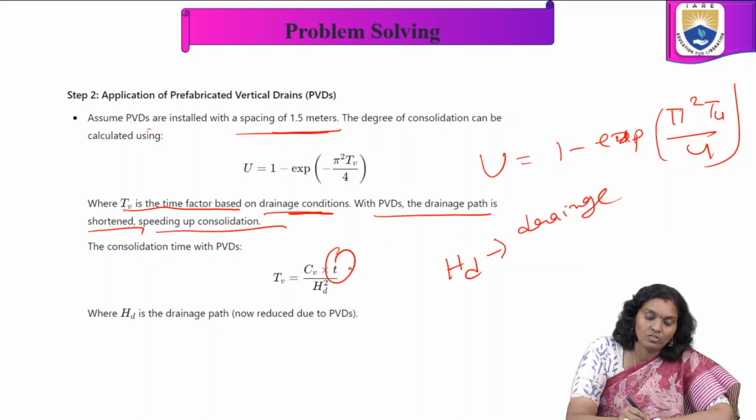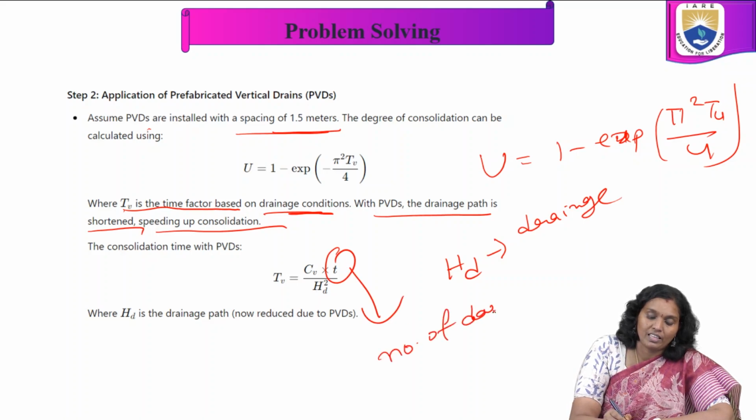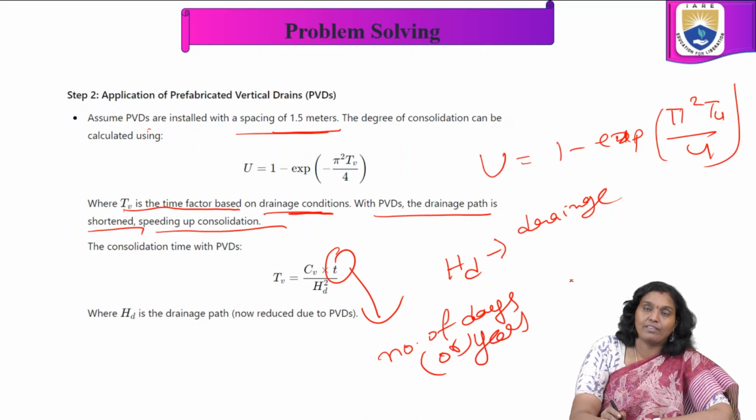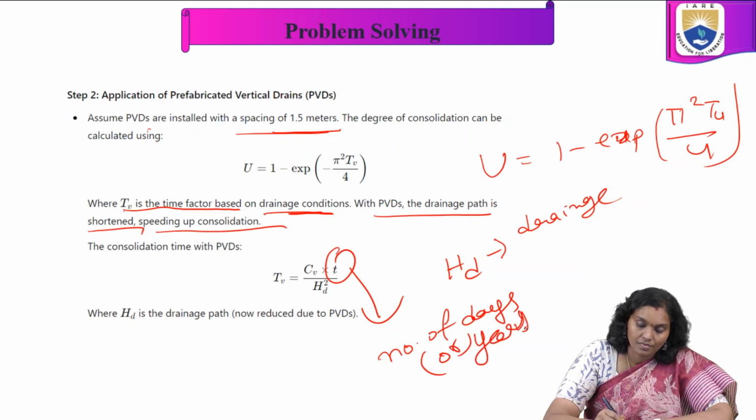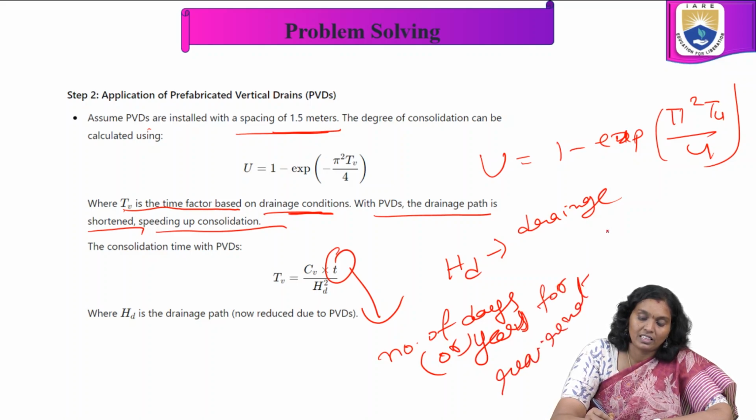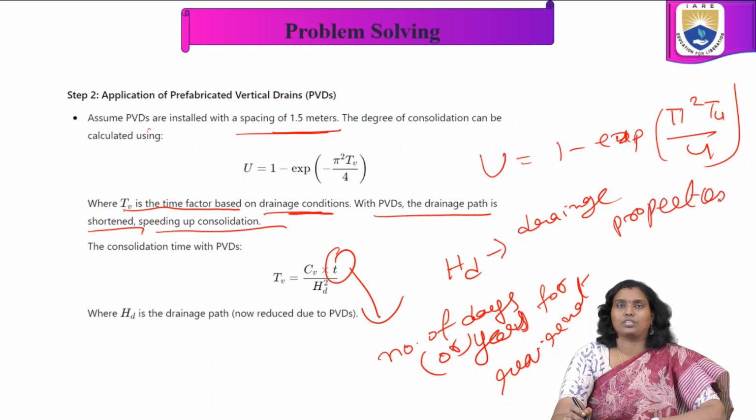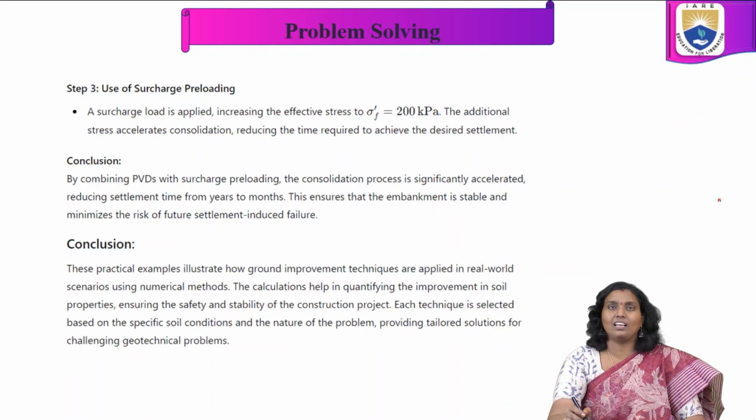So this T gives how many days, months or years are required for getting the required settlement and the desired properties of this kind of solution. So like this we are understanding the things.